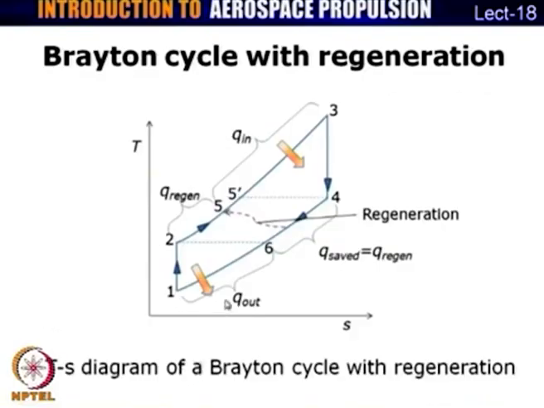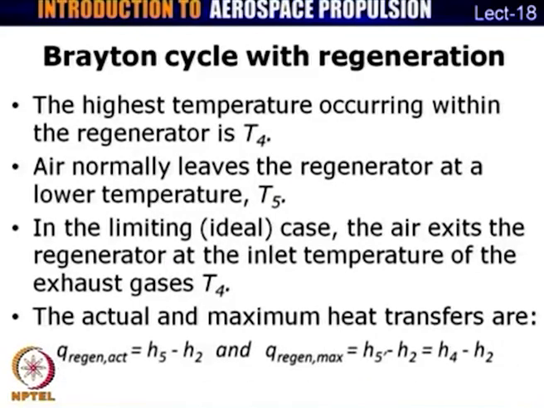That is, on the TS diagram, ideally you should be able to get regeneration heat equal to H 5 prime minus H 2, which is equal to H 4 minus H 2. The actual regeneration is less than that, being equal to H 5 minus H 2.